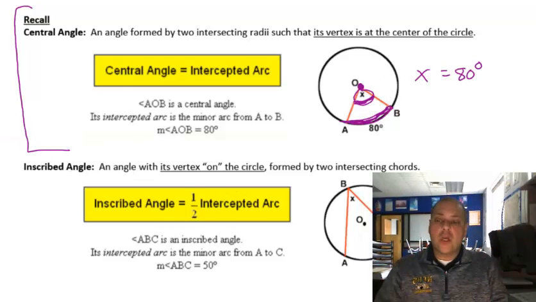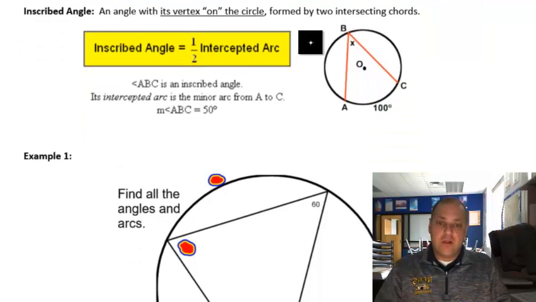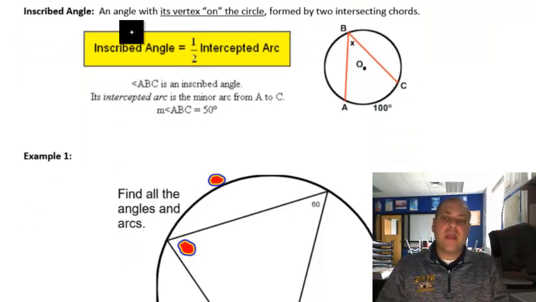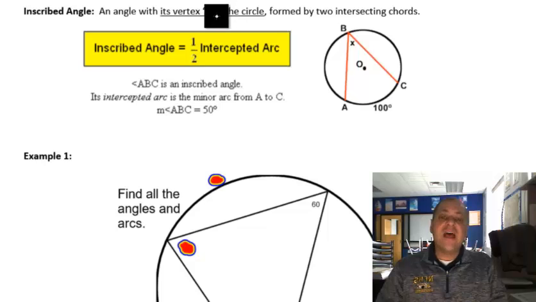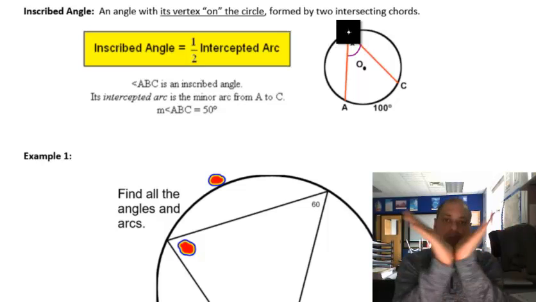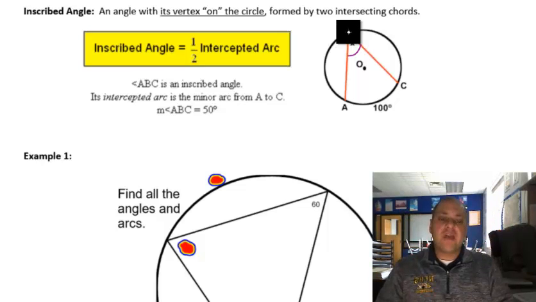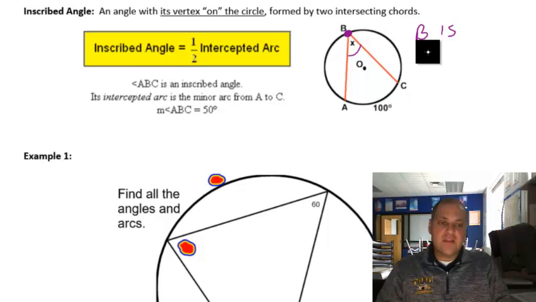Now, we're going to look at what's called inscribed angles. An inscribed angle is an angle with its vertex on the circle. So right here, angle X. See how the vertex is where the 2 points come together. The vertex is on the circle right here. B is the vertex.